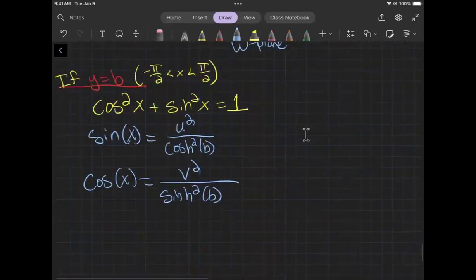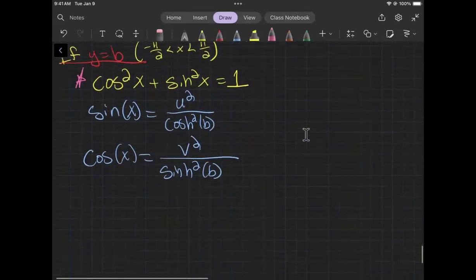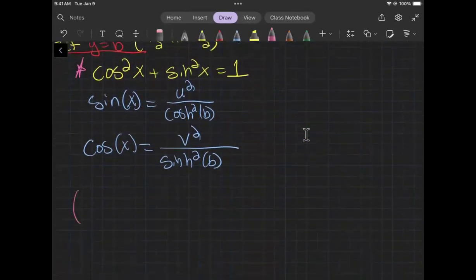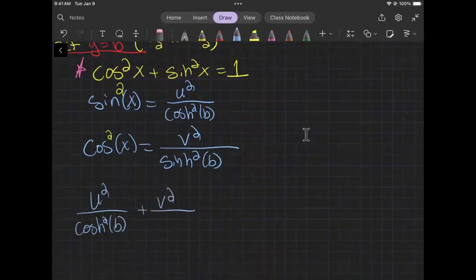Nevertheless, if we use this identity, so if I put in squared for each of these terms, we would have u squared divided by hyperbolic cosine squared b plus v squared divided by hyperbolic sine squared b equals 1.